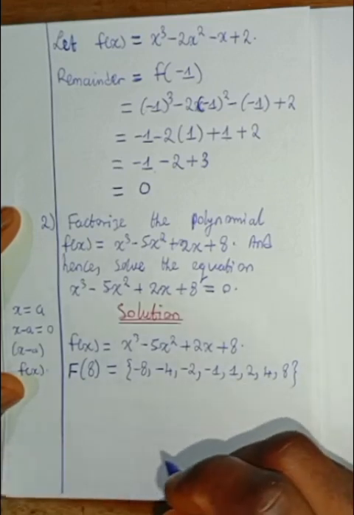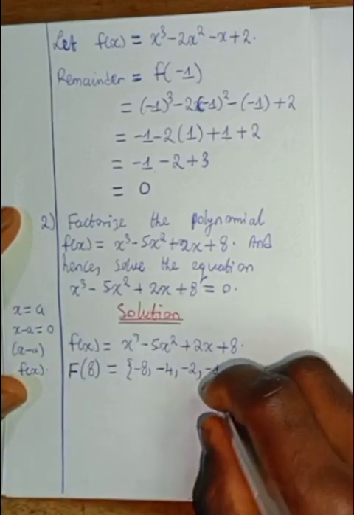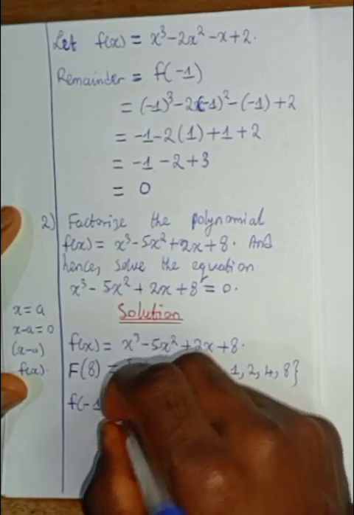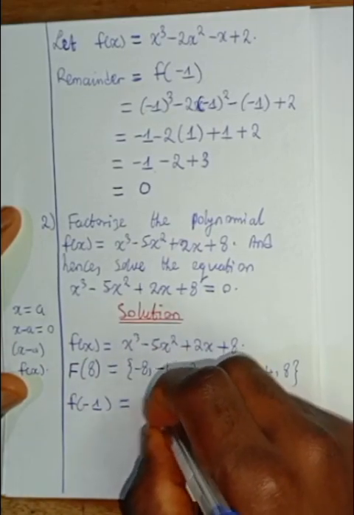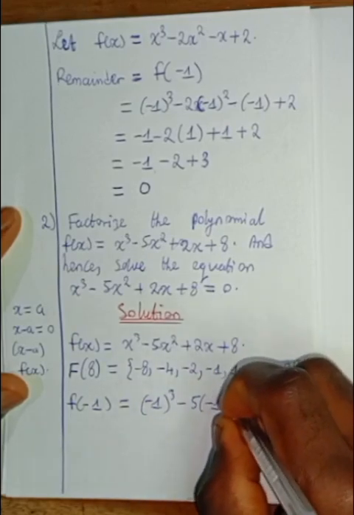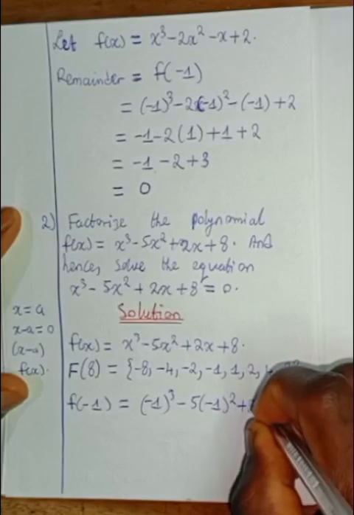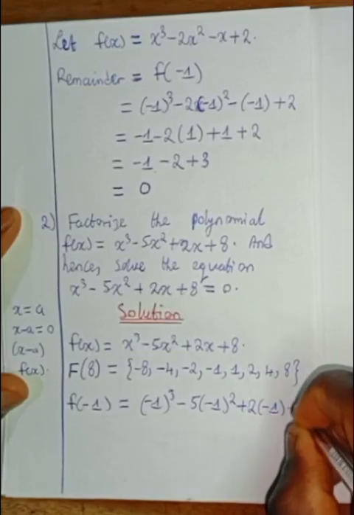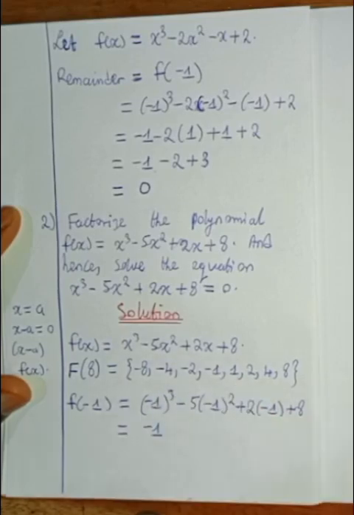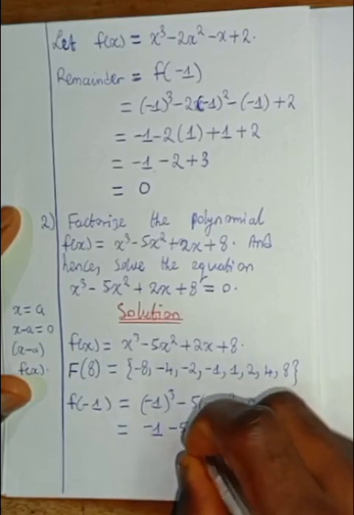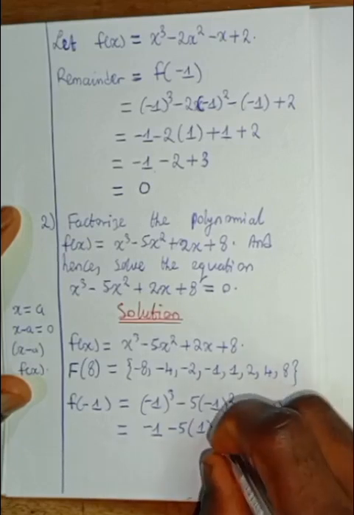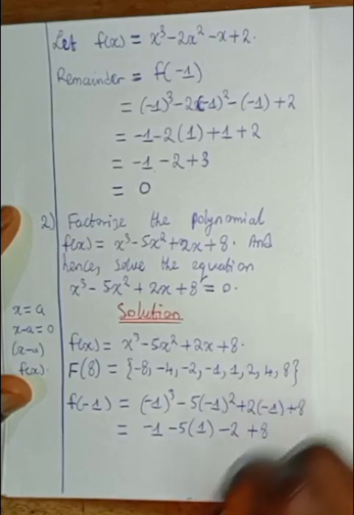If we try, for example, -1, f of -1 will simply be equal to (-1) cubed minus 5 times (-1) squared plus 2 times -1 plus 8. And this will be equal to (-1) cubed gives -1, minus 5 times (-1) squared gives 1, 2 times -1 gives -2, plus 8.